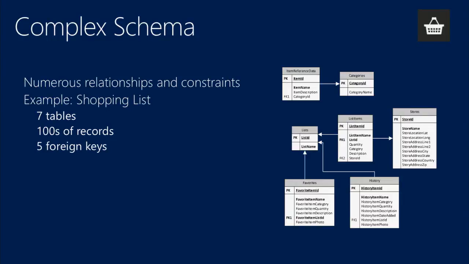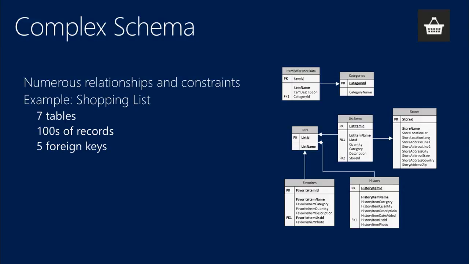However, if you've got an example like this, which is a shopping list, and some sharp-eyed ones amongst you might recognize this slide, because I've stolen it from the LINQ to SQL deck that we gave when Windows Phone 7.1 OS, Mango, was released. But obviously the message is still true. If you've got a lot of data tables and they're related to each other, so here we've got different relationships.